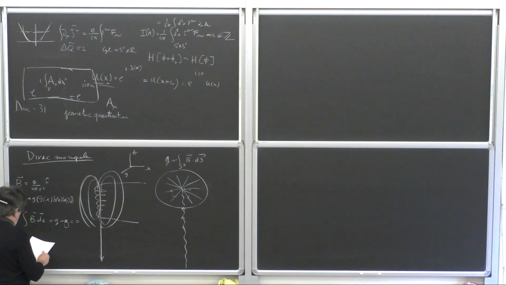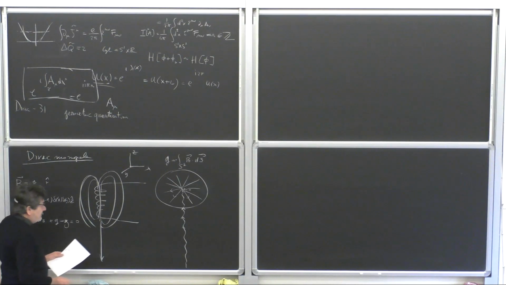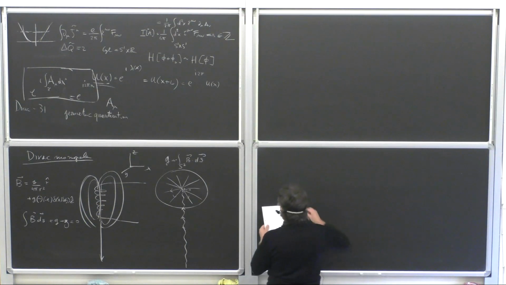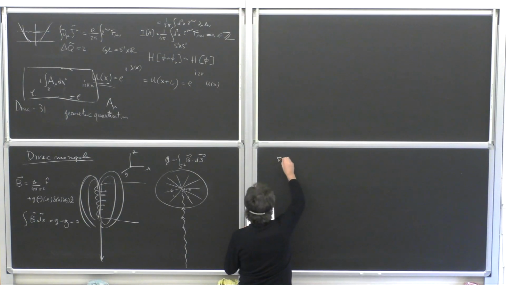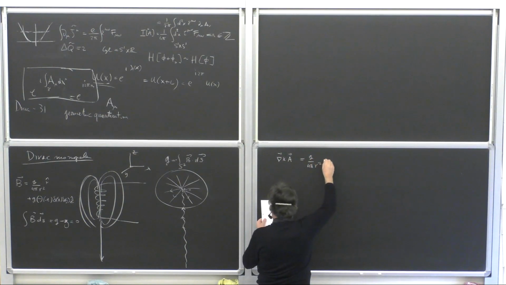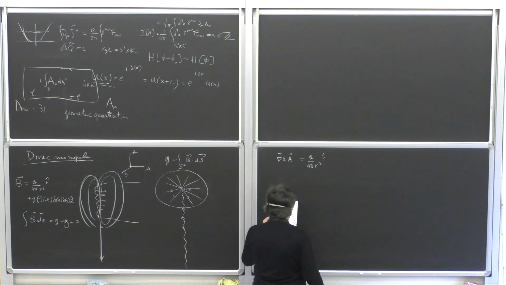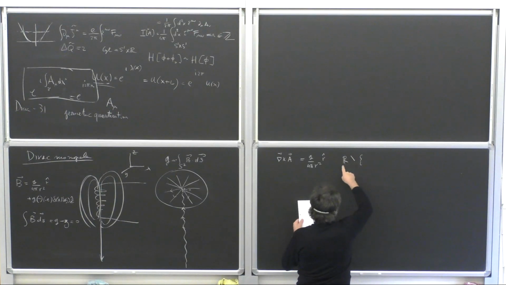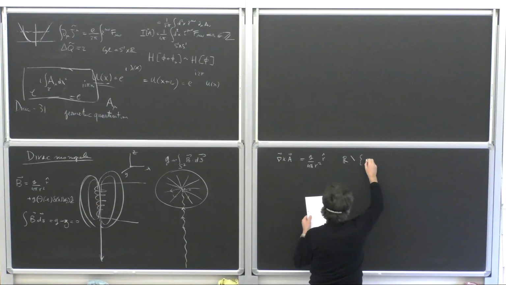So this can be represented by a vector potential. Let's compute this vector potential. First from the first piece, you want to solve this equation for A in R3 with the exclusion of the string.